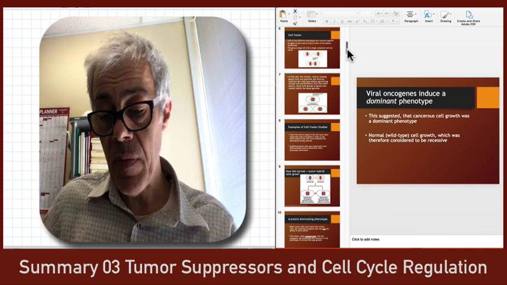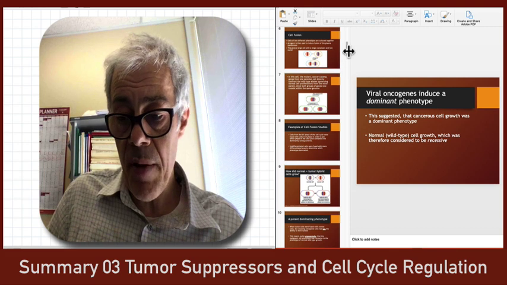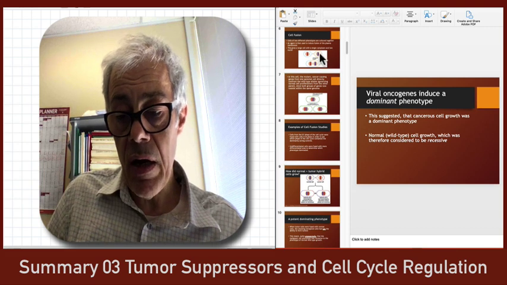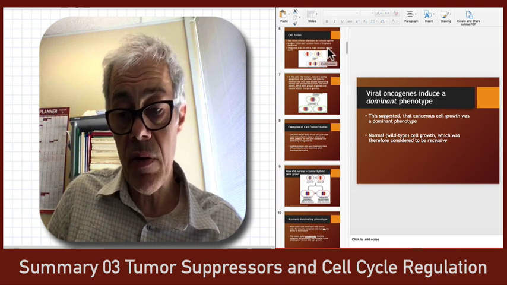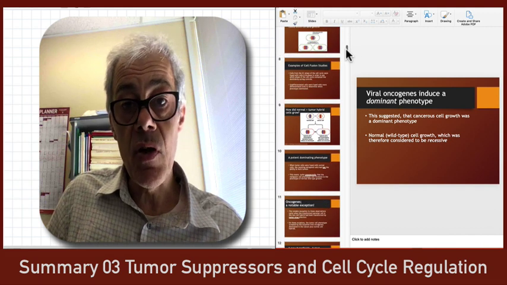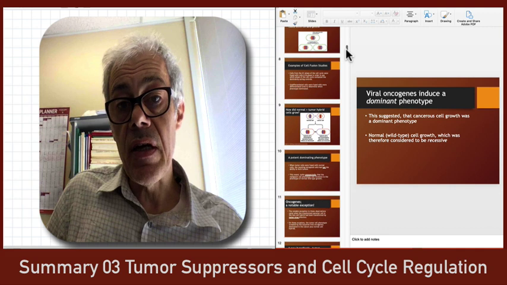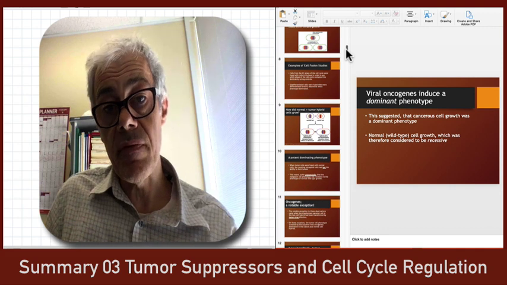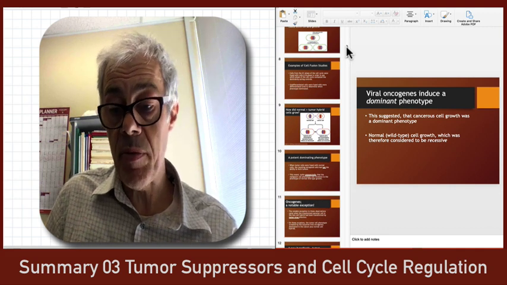But what turned out is that when you fuse one of these cancer cells with a normal cell, the resulting phenotype was that the cancer phenotype was recessive. That shocked a lot of people, I think.